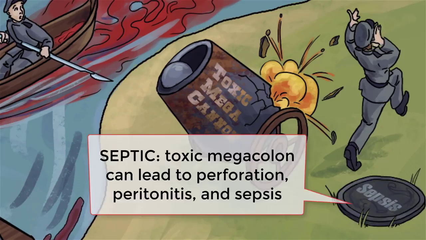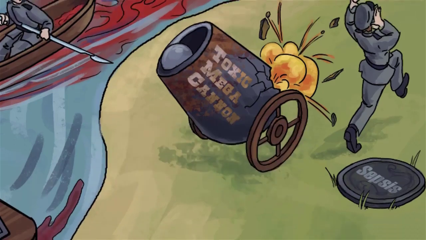A trend that you should notice emerging is that when you dilate any part of the bowel, you're at higher risk for perforation. This is because dilation causes compression of the blood vessels, leading to ischemia, and then pop! Perforation and intra-abdominal sepsis is a feared complication of toxic megacolon and is an absolute indication for emergent surgery.